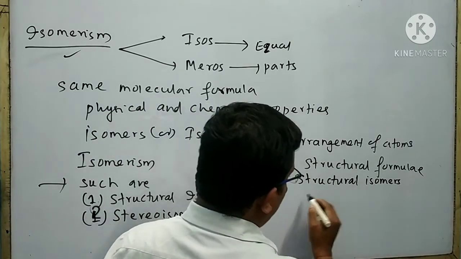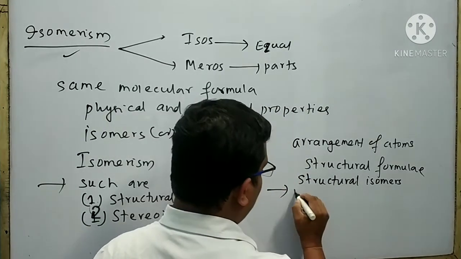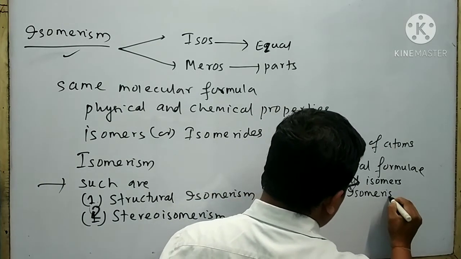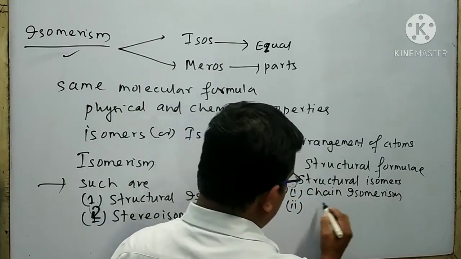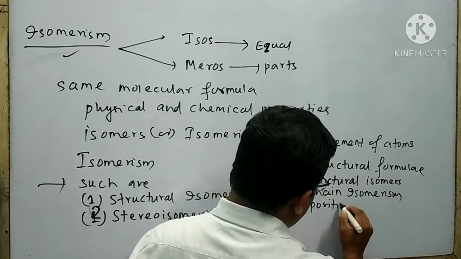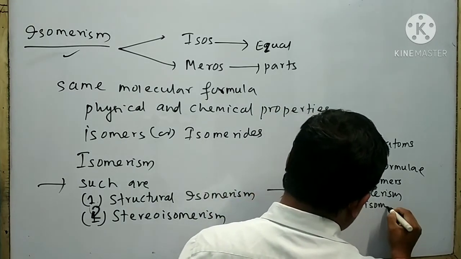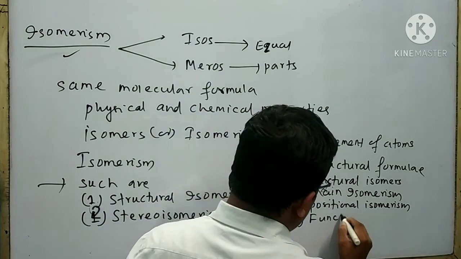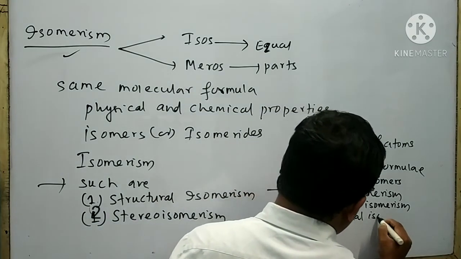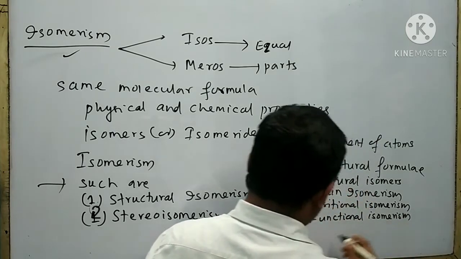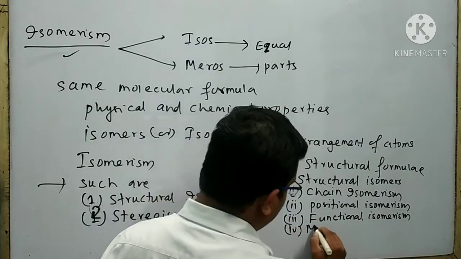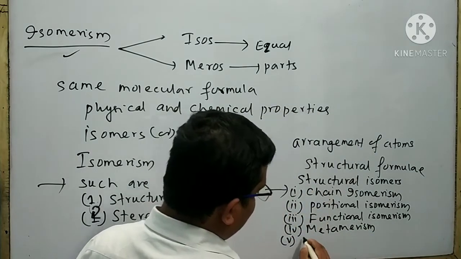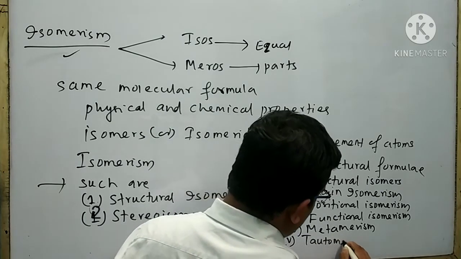There are different types of structural isomerism. Number one is chain isomerism. Number two is positional isomerism. Number three is functional isomerism. Number four is metamerism. Number five is tautomerism.